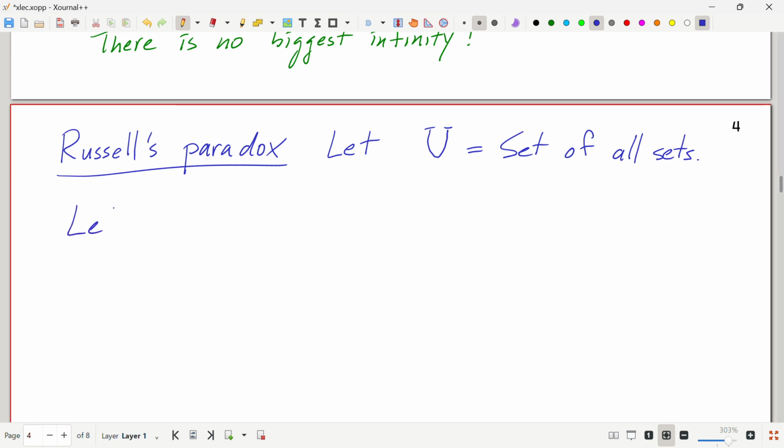Let S equal the sets A in U such that A is not in itself.